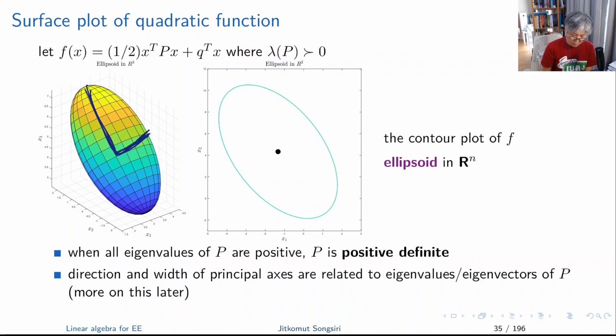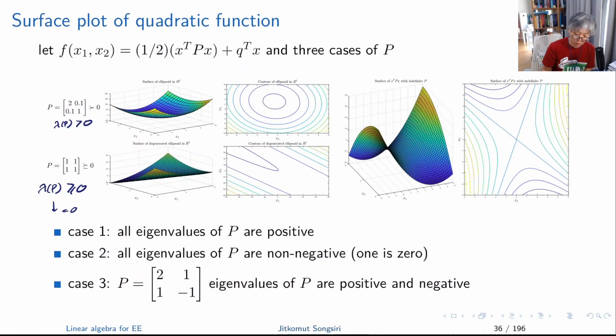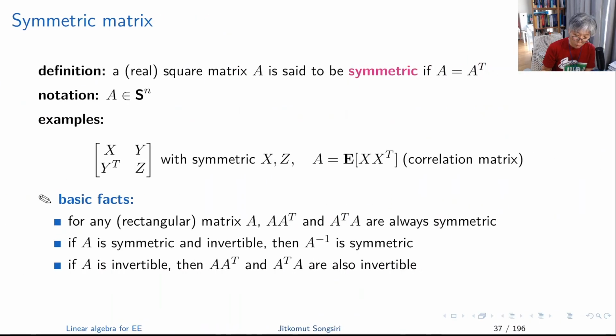As we saw previously, the quadratic function in P only depends on the symmetric part of the matrix P. So, as we said, you can assume later on that P is symmetric. Here I would like to talk about some important properties of symmetric matrices.